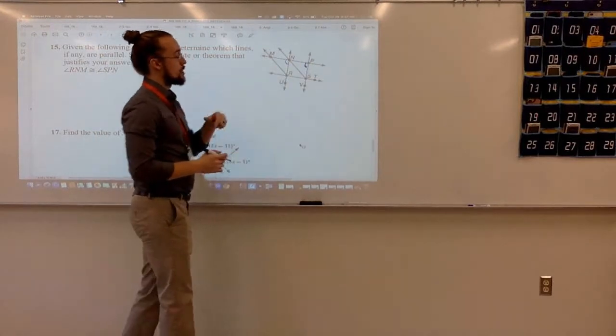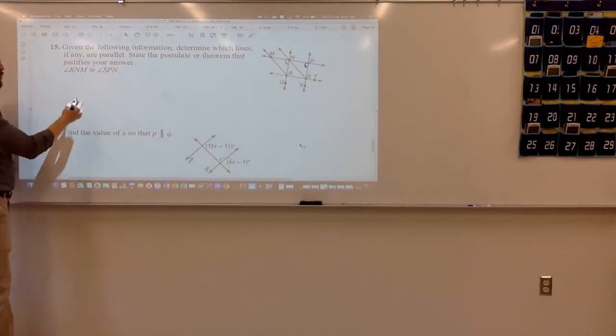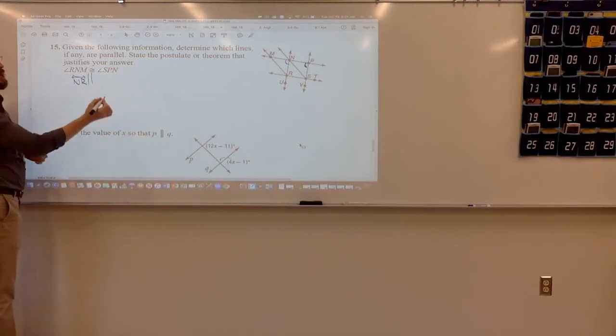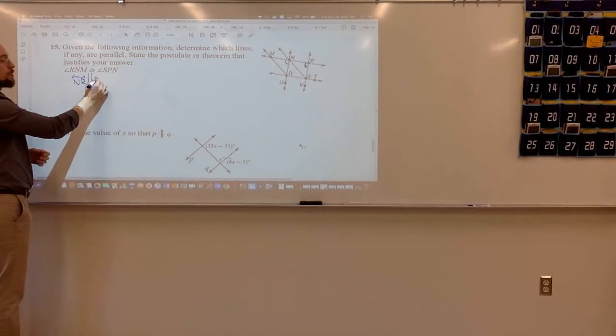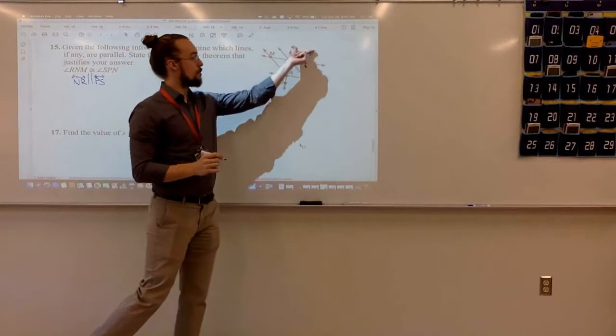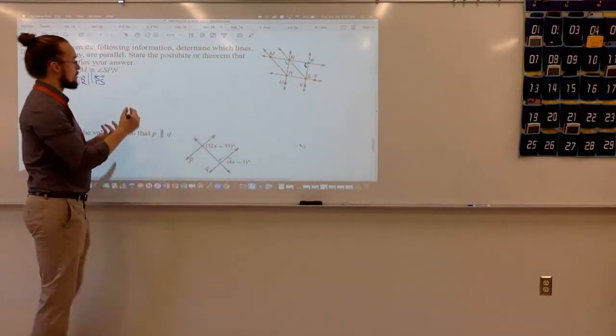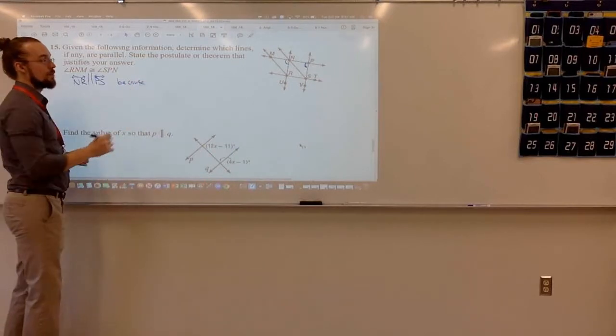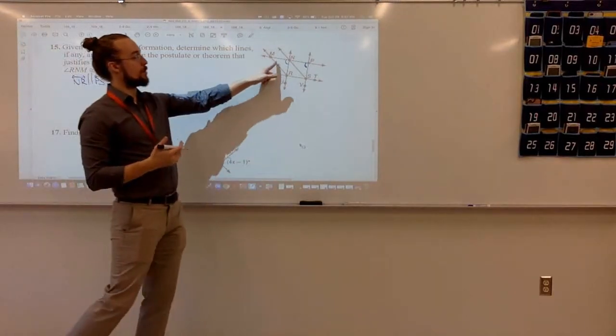So what I would say first is the two lines that are parallel would be NR and PS. These are the two lines that would be parallel. And then I have to say why. I want to state the name of the relationship between these two angles.